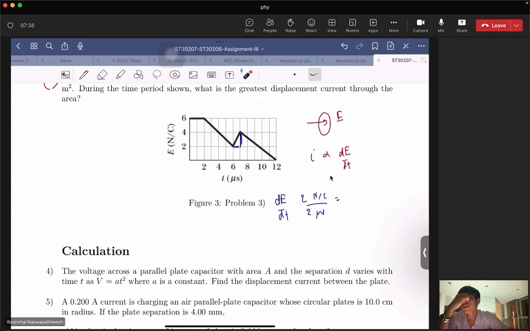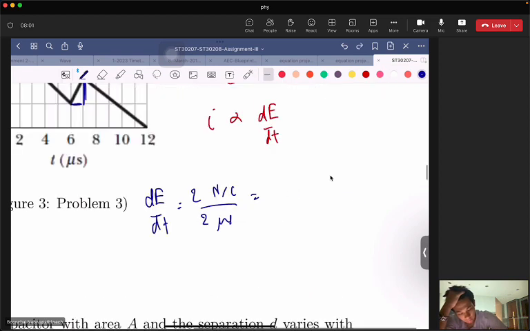Even though here the slope is negative, the absolute value is still less than this one. So I'll choose this one. Here the result is 1 million Newton per Coulomb second.